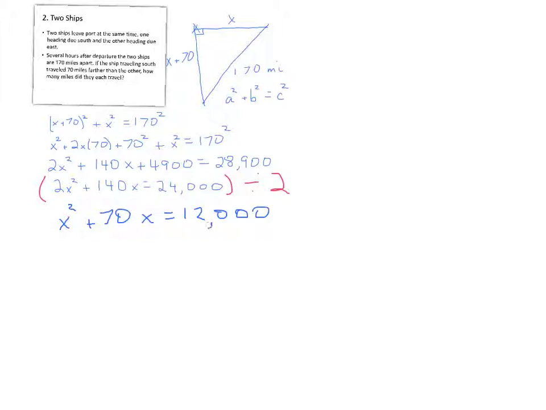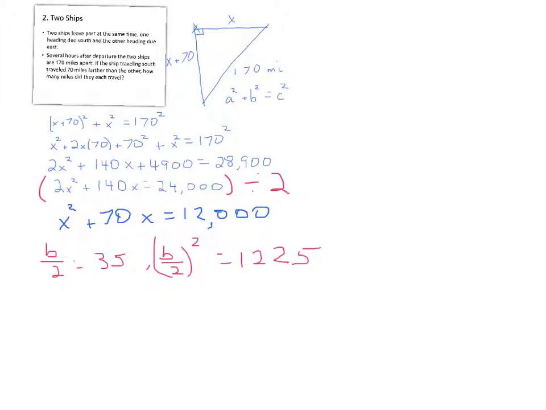And now we're set up to complete the square. What we need is to know b over 2, which is 35, and b over 2 squared, which is 35 squared, equals 1225.